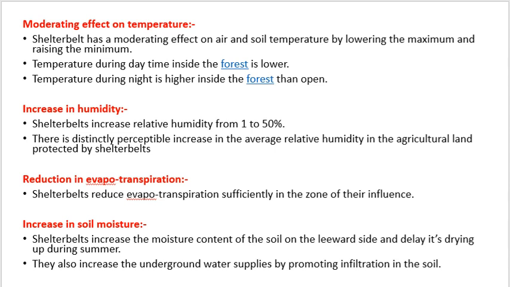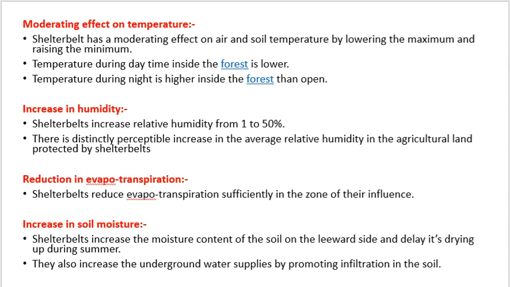Reduction in evapotranspiration. Shelter belts reduce evapotranspiration sufficiently in the zone of their influence. Increase in soil moisture. Shelter belts increase the moisture content of the soil on the leeward side and delay its drying up during summer.